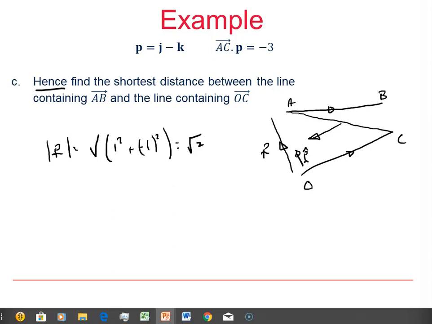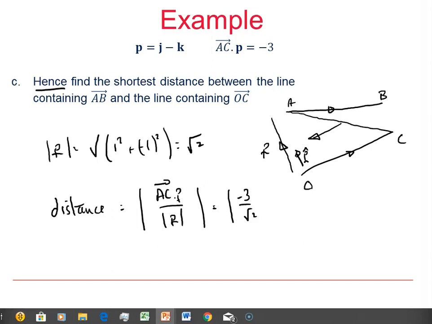And hence the distance that we require will be the modulus of, because we need a positive value, AC dotted with P divided by the modulus of P. So that's going to be equal to the modulus of negative 3 over root 2.